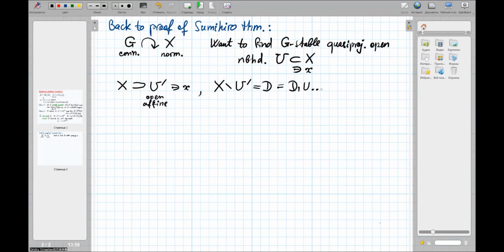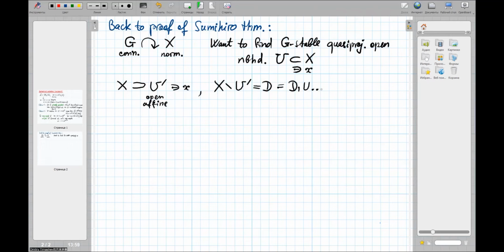Well, Professor, I have a question. Yes, please. The condition for the Sumihiro theorem just requires X to be normal, right? Yes, the condition is here. So X is normal and G is connected. We don't require X to be connected, right? Well, by definition, I assume normal to be irreducible. Oh, yes.